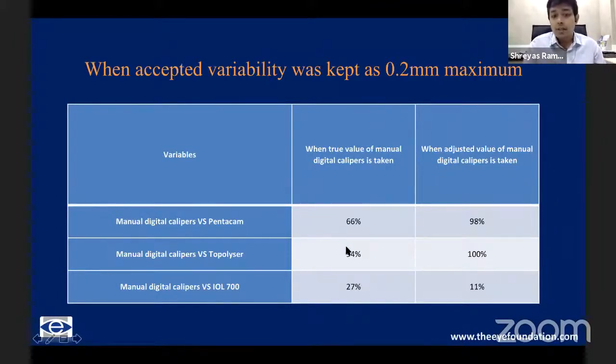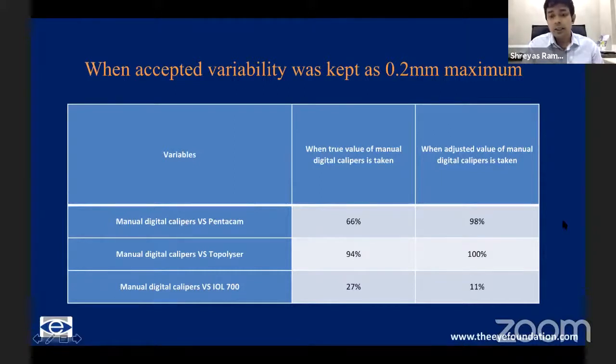Now, while I already mentioned Topolyser was quite close to the digital caliper, in the Pentacam, only 2/3 of patients were within 0.2 millimeter when we looked at direct measurements. But when we applied this equation to the values that had been measured, we were able to improve from 66% to 98% of patients having agreement between the value of the digital caliper and the Pentacam.